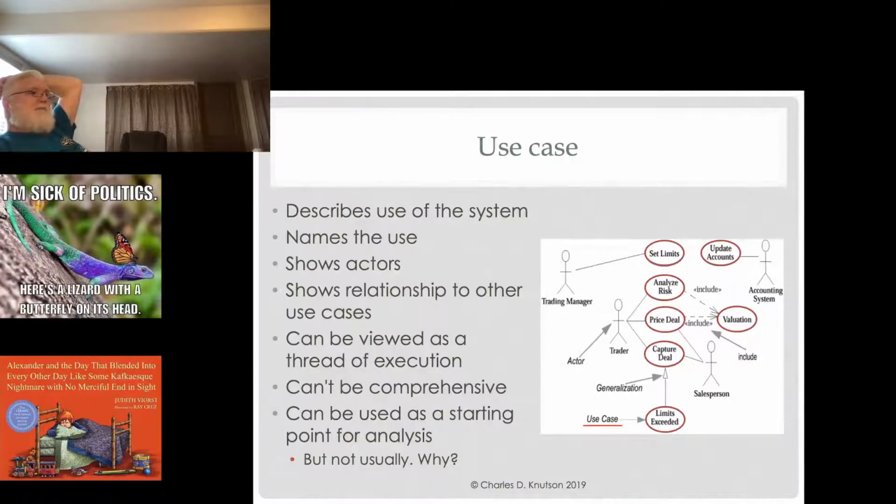And I don't want to bog down on this too much, but for things that happen in a use case, you describe the use, name it, show the actors, relationships, other cases. It could be viewed as an execution thread through the system. No way it can be comprehensive. Cannot be. And you could use it as a starting point for analysis.